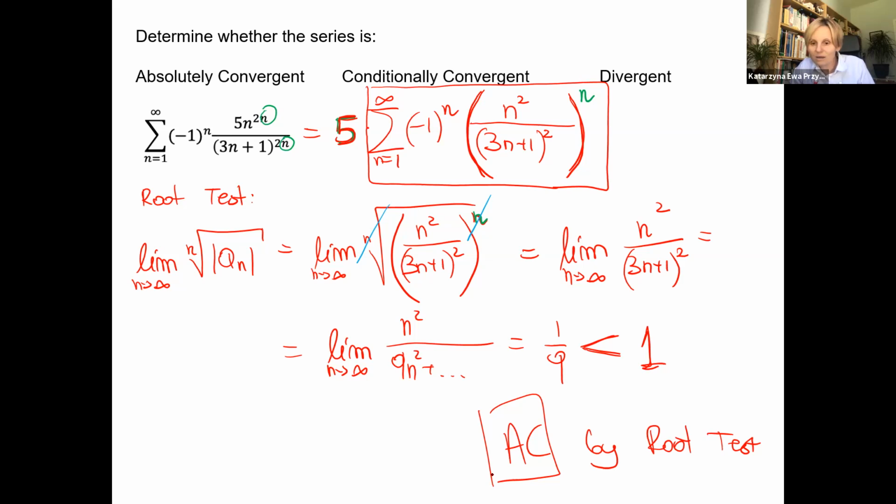Why are we not taking the 5? I mean, I can keep that 5, but just to make everything simple. Sveta, do you see this? Because 5 looks like just a constant. We're not adding anything, it's just 5, we're multiplying by 5. We can throw the constant because 5 is not taken to the power of n.